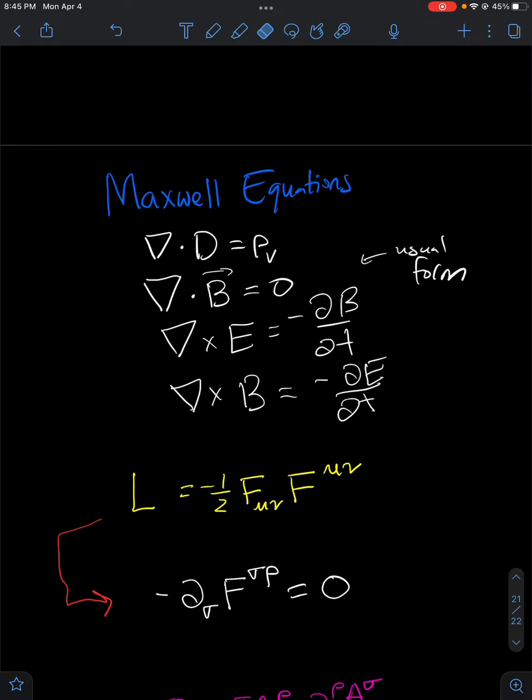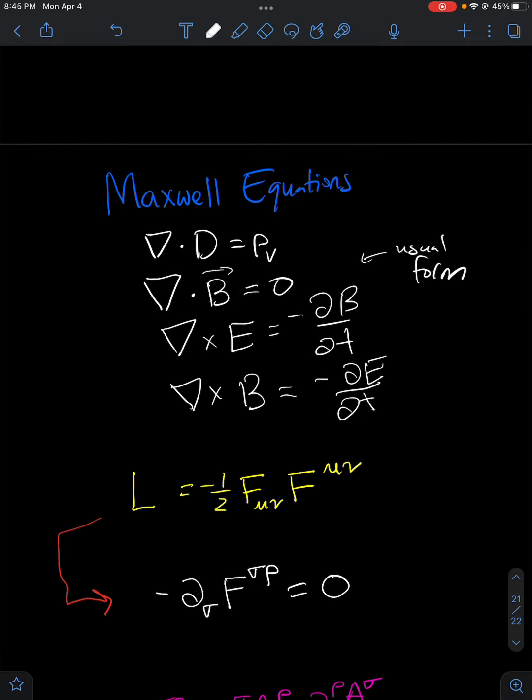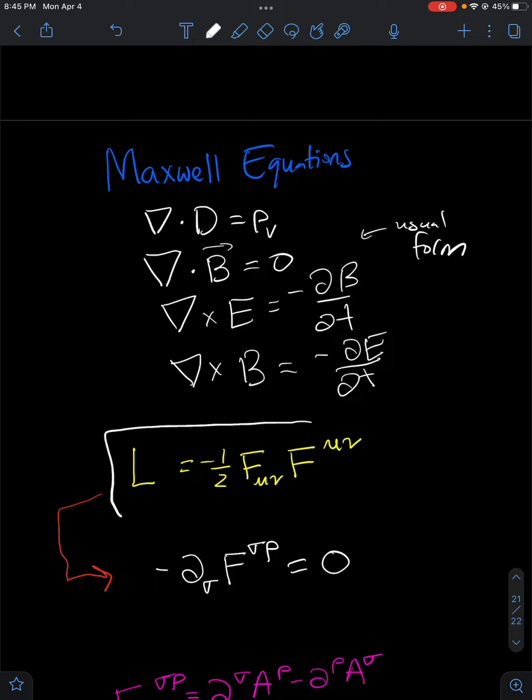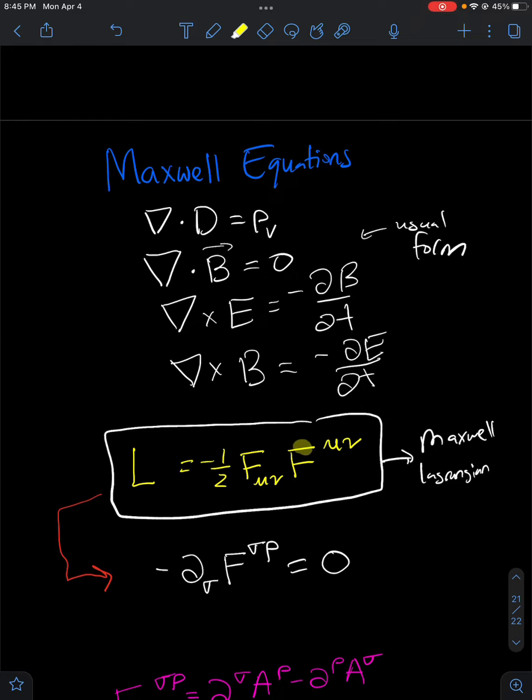However, we can also write it down in tensor form. We first start out with the Maxwell Lagrangian. And here we see that we have the Faraday tensor over here.